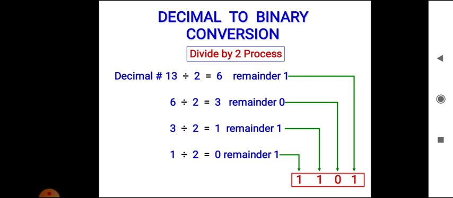And here we have to know the conversion of decimal to binary also. So how do we change decimal to binary?